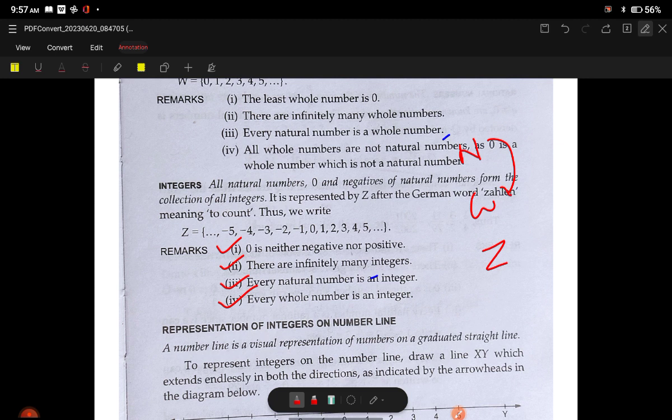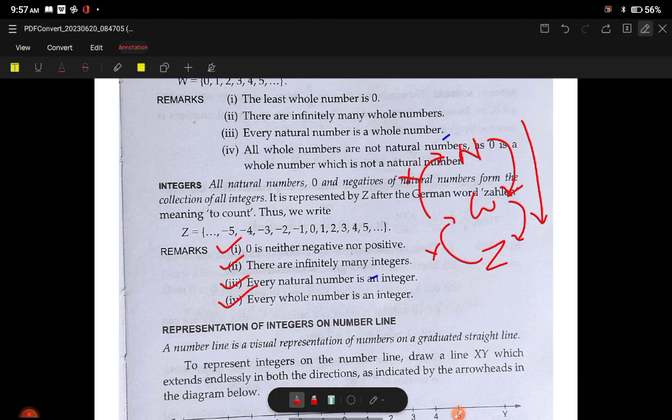You can go downward, but you cannot go upward. Every natural number can be a whole number, every whole number can be an integer, but you cannot move back. Every integer cannot be a whole number, every whole number cannot be a natural number. It is like the flowing of water from upward to downward: you can move downward, but you can't go back upward.